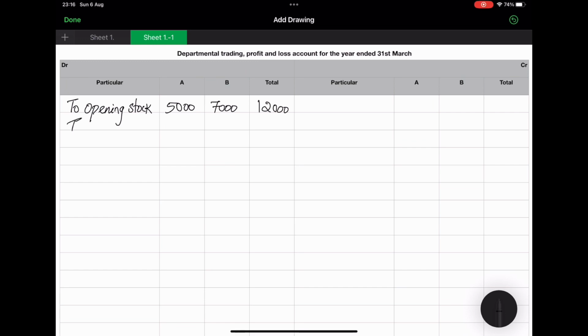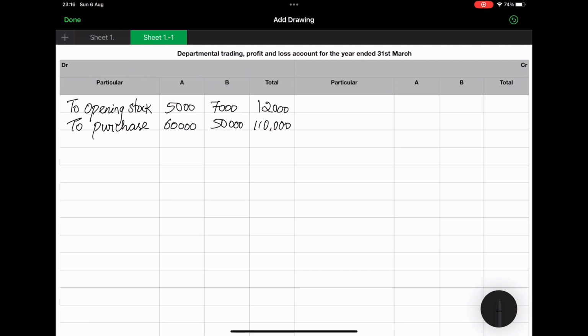Okay. Next, purchases. Purchases for department A 60,000, for department B 50,000. Total 60,000 plus 50,000, 1,10,000. Okay. Next, they have given sales.